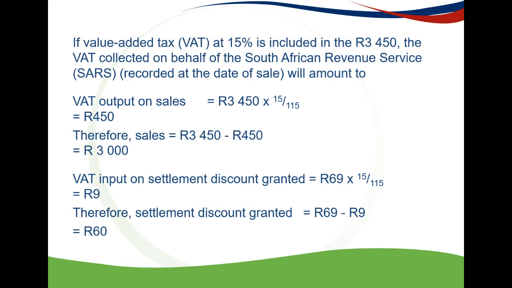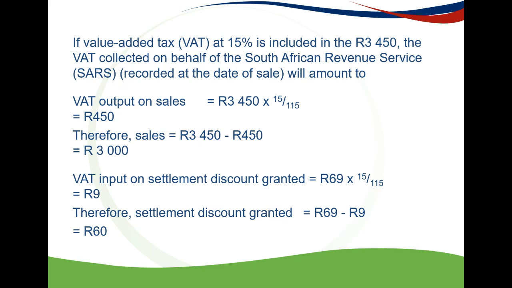So when you have the VAT exclusive amount of 3,000 and you want to calculate the VAT amount, you must multiply it with 15 over 100. Where if you have the VAT inclusive amount, you use the VAT inclusive amount multiplied with 15 over 115. But you will get the same answers. It's just that you start with different amounts, either the VAT inclusive amount or the VAT exclusive amount, and that will determine which formula you must make use of.